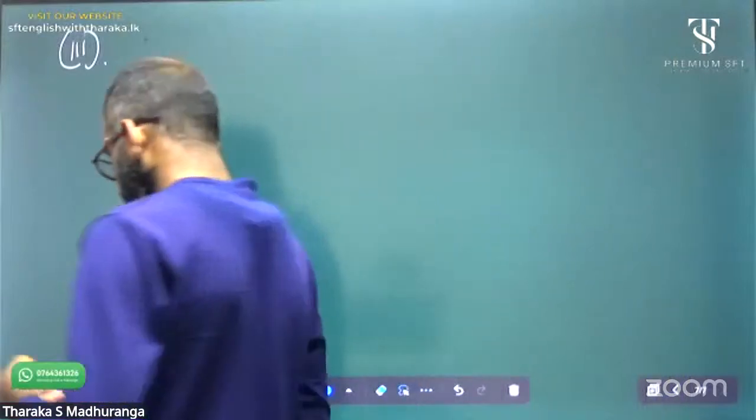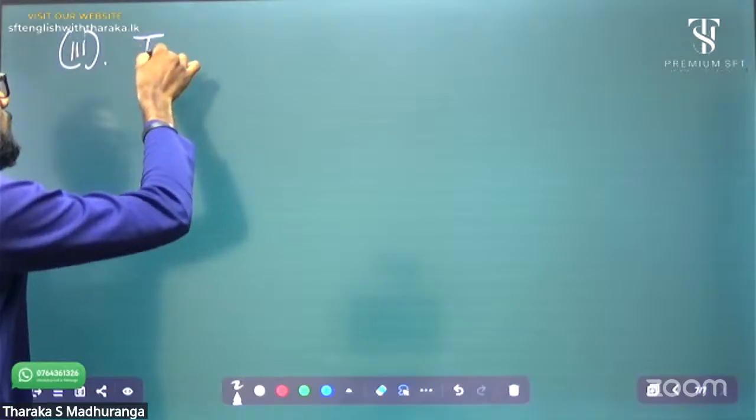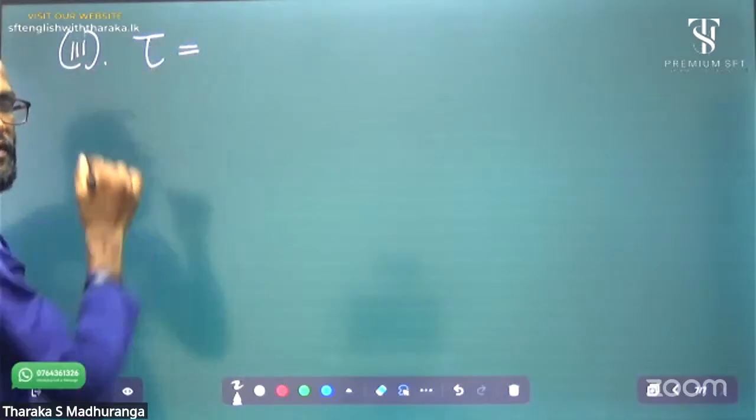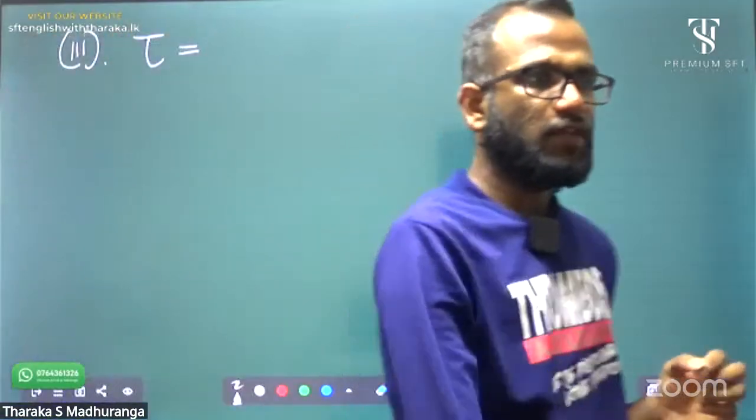Okay, torque. We have two equations, right? Tau equals Fr and tau equals I alpha. This is tau, the torque symbol. What is the best equation?